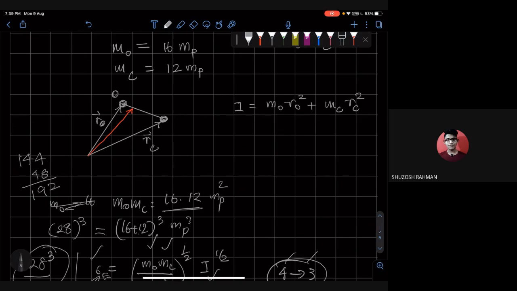Okay, so this is going to be M0, and then what did we find? This is going to be M, the total M, and this will be MC, times S whole squared, right? Do you agree? Isn't that what we found?